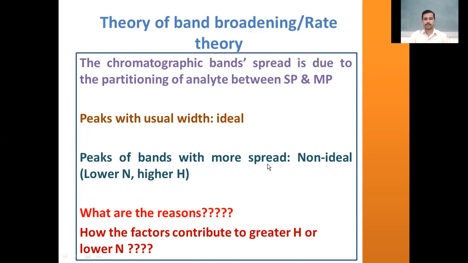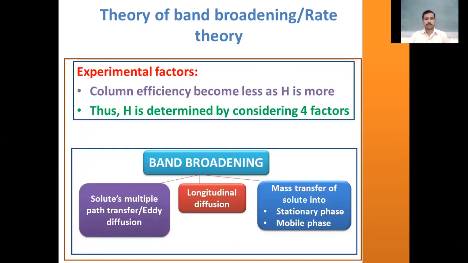Why are the bands spread to the maximum extent? Why is there more spreading of the individual band during the separation process? And what are the factors which contribute to a greater value of HETP or a lower value of the number of theoretical plates? This is very important to understand. As I told you earlier, column efficiency is the parameter affected by this band broadening process, because there are several discrete imaginary units present in each band.